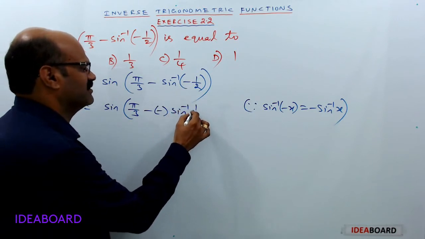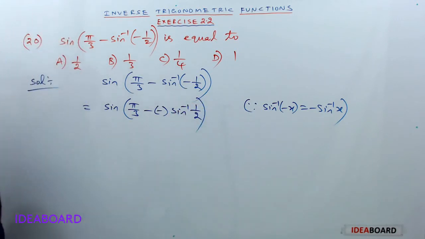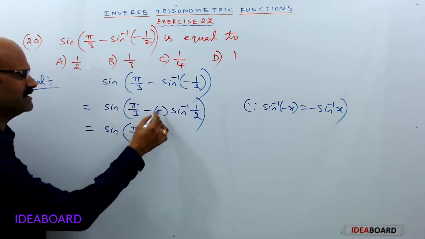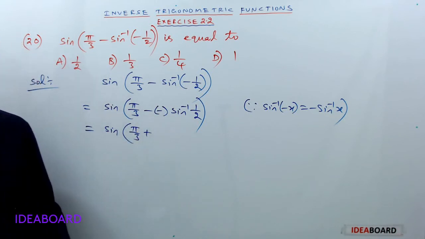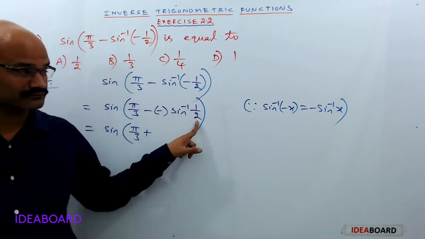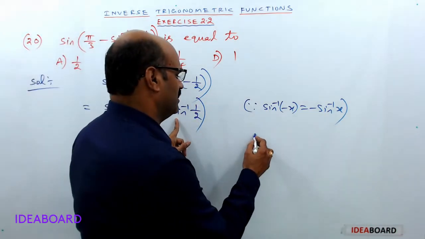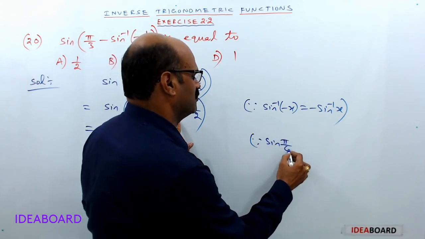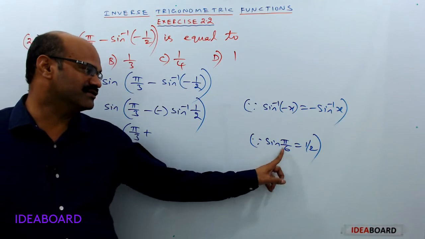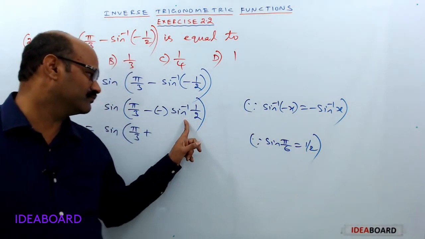Minus sine inverse of 1 by 2 equal to sine of pi by 3 minus into minus plus. Now sine inverse of 1 by 2, we know that sine pi by 6 equal to 1 by 2. Then pi by 6 equal to sine inverse of 1 by 2.